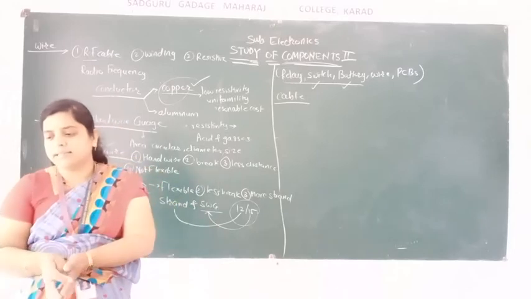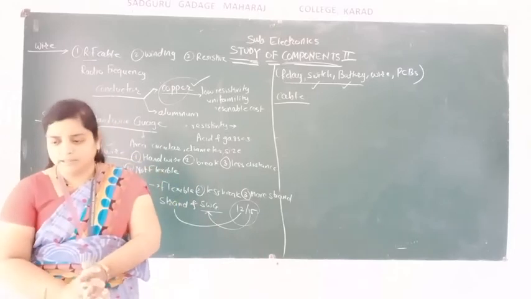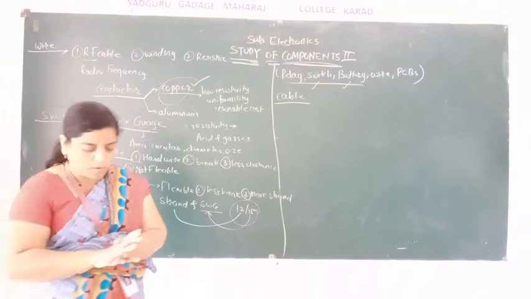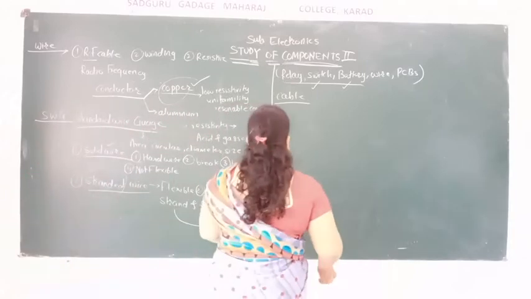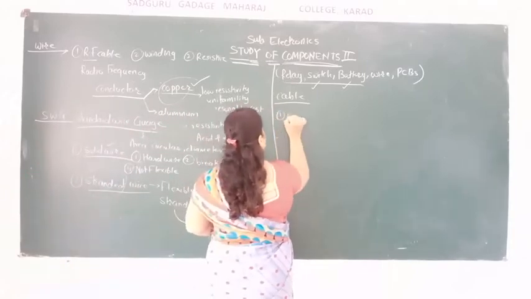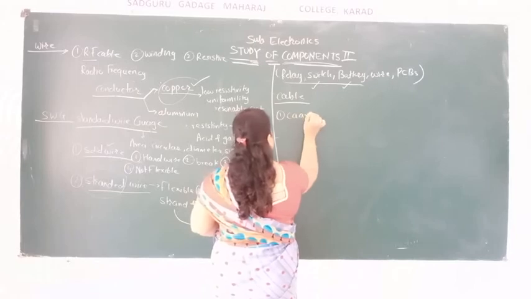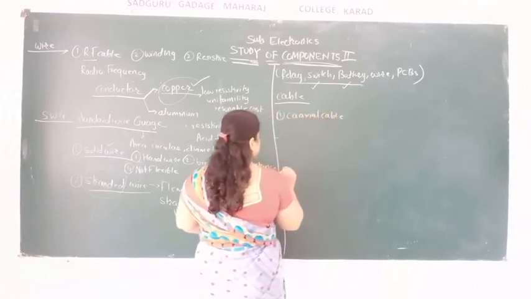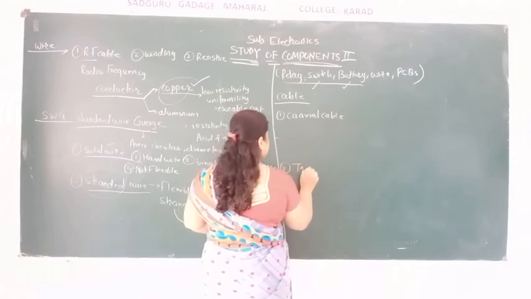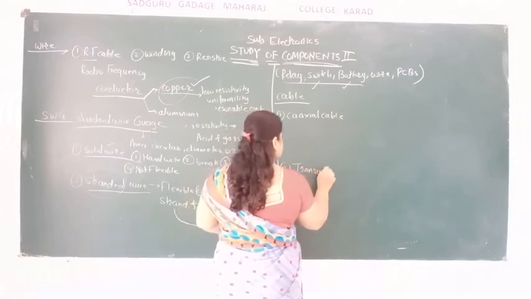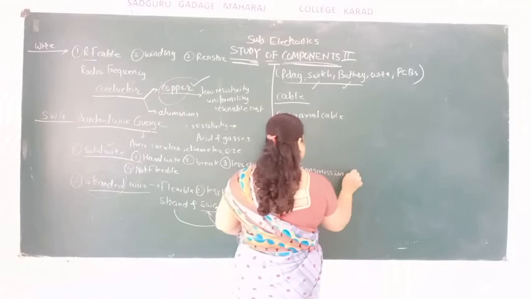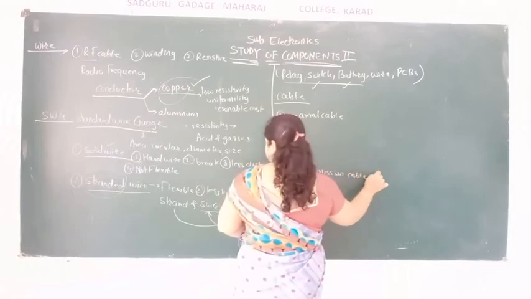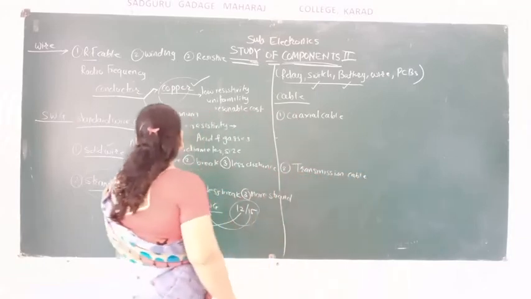Each wire is insulated from the others. This cable is of two types: the coaxial cable and the transmission cable.